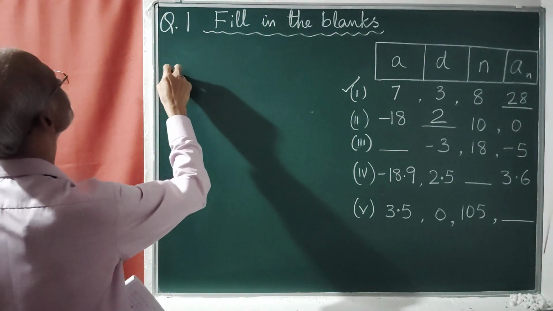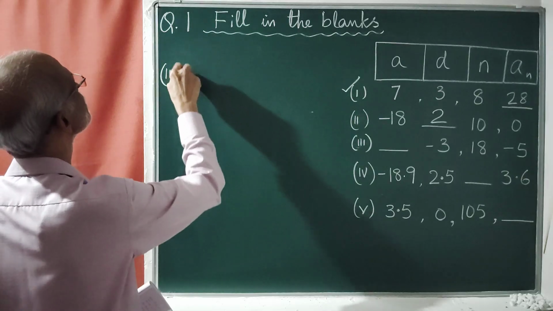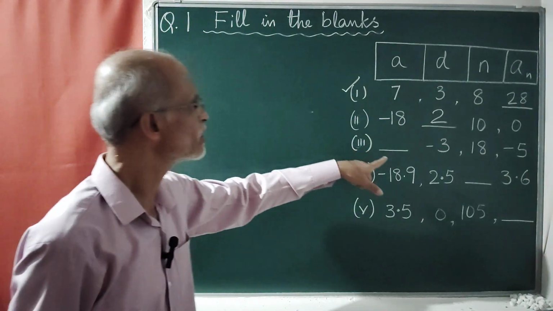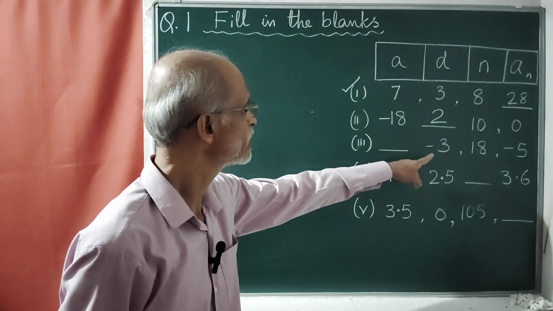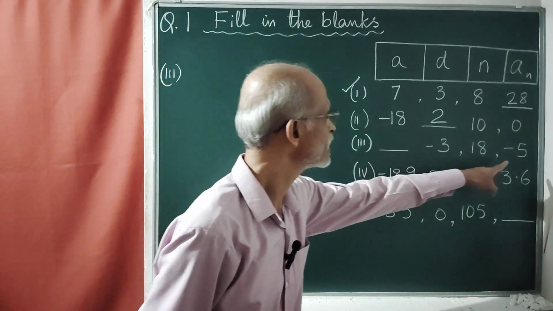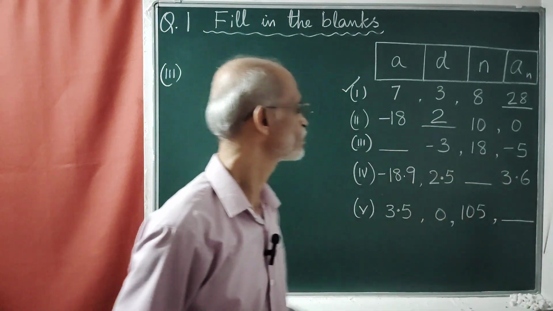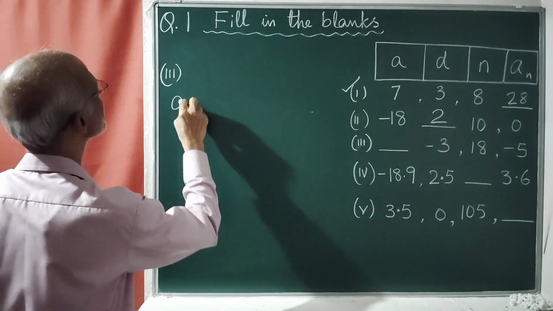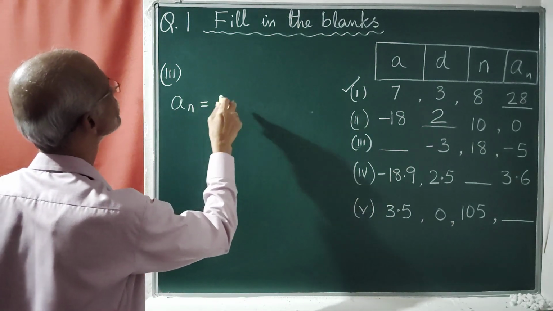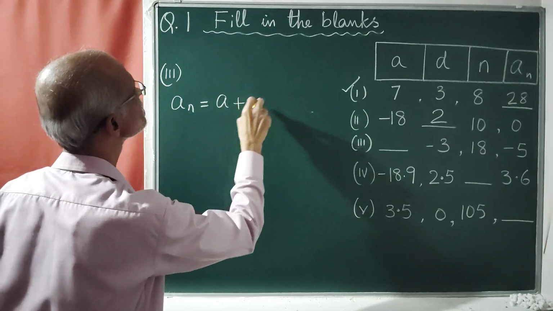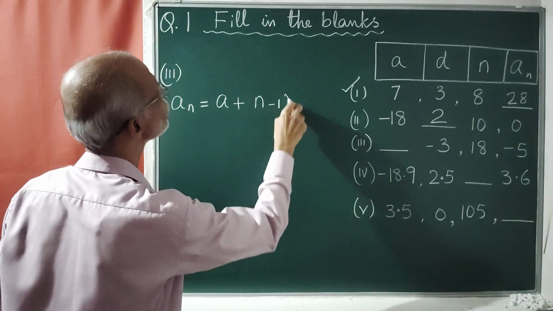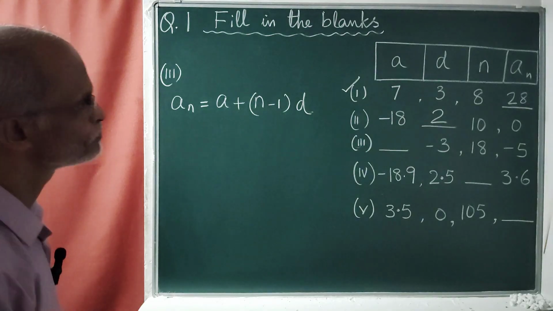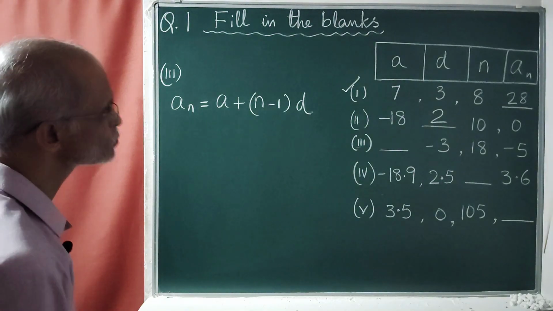Third sum. You have to find A, D is minus 3, N is 18, AN is minus 5. So AN is equal to A plus N minus 1 into D. The value of AN is minus 5.